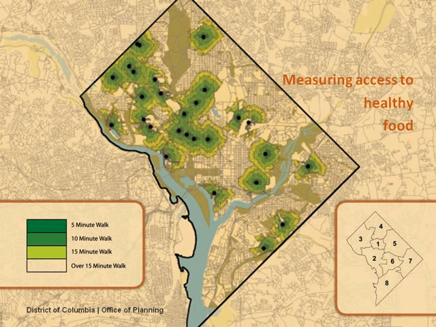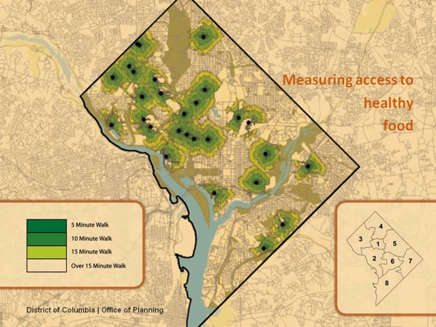Now, an area where planners have not traditionally collected much data is in the realm of food resources in a community. This is for a variety of reasons, but in particular, food is an area that is often overlooked in general planning processes. So here's an example from the Washington, D.C. Planning Office, where they've mapped out the full-service grocery stores in their community and created, again, these walk buffers around each of them, modeling a 5-minute, 10-minute, and 15-minute walk.